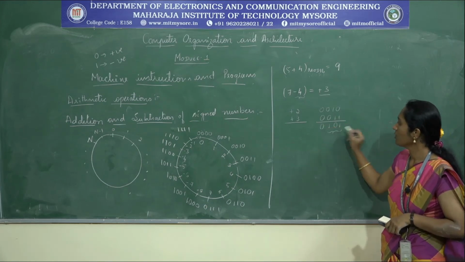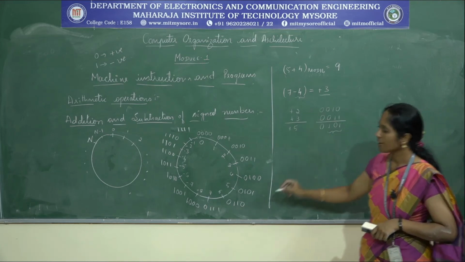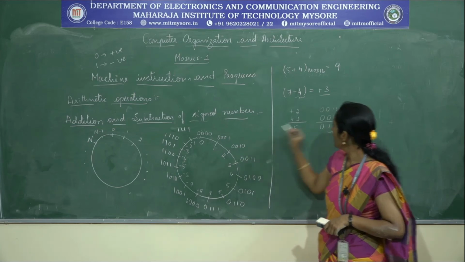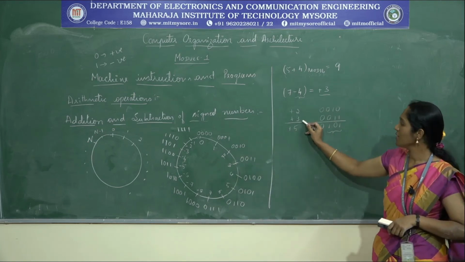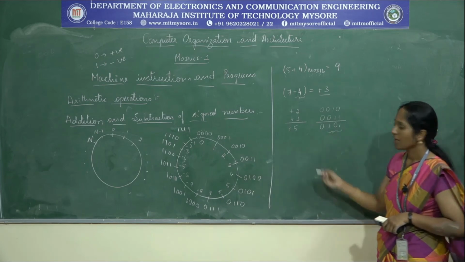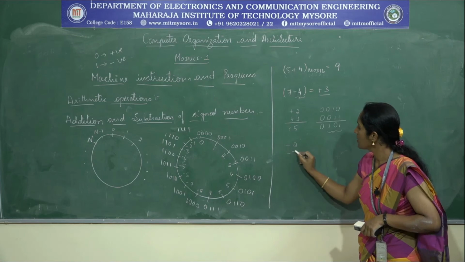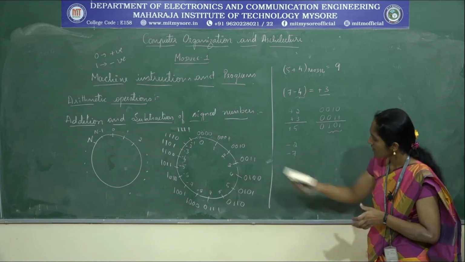If you observe, we have 5 as the result. So in this case, locate 2 on the circle, rotate the circle clockwise 3 times in order to get 5 as the result.